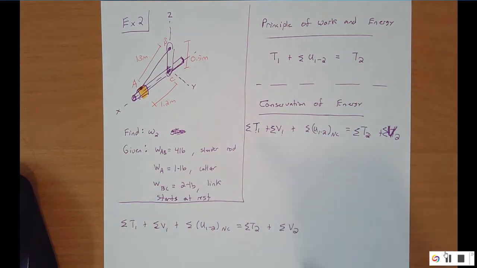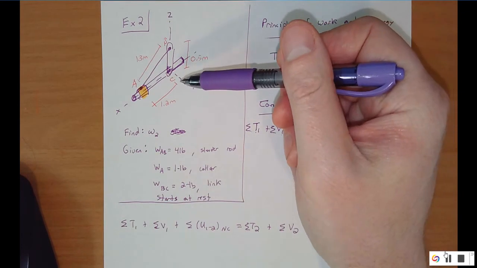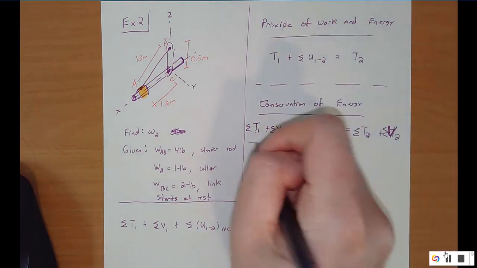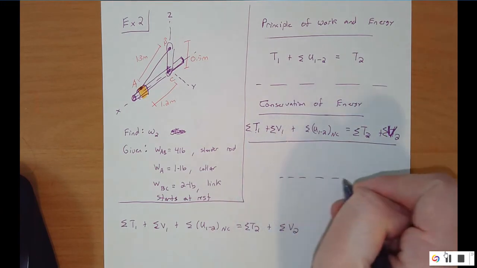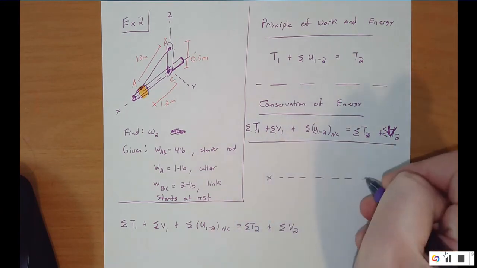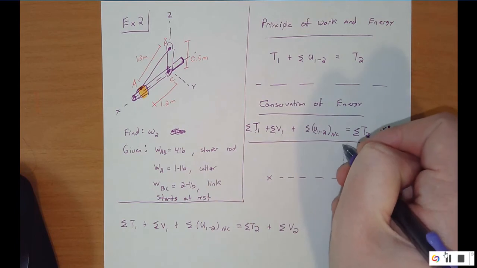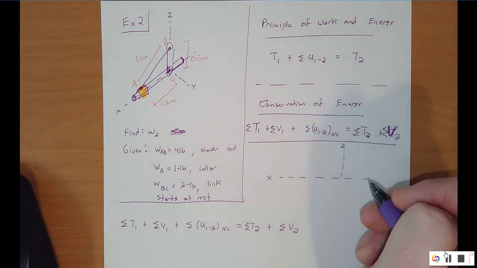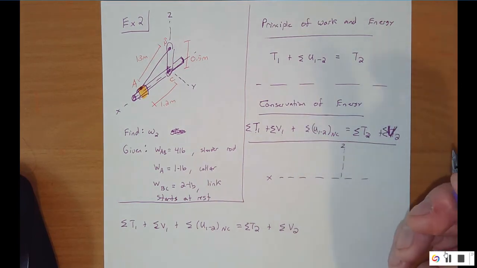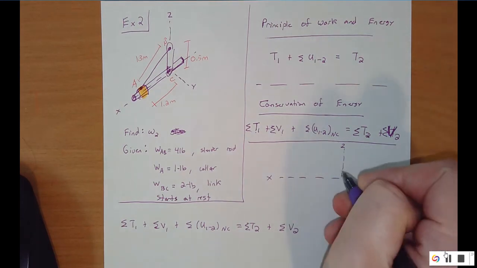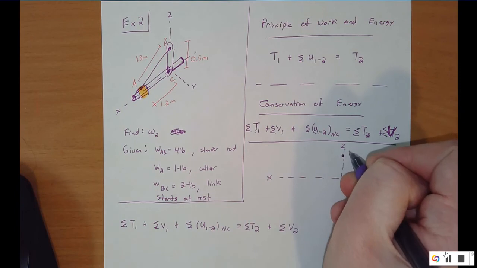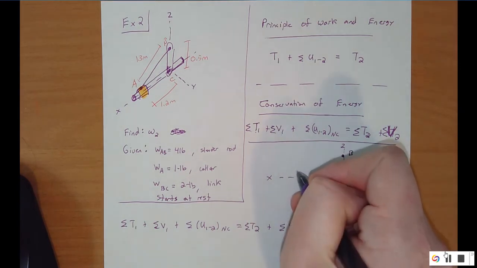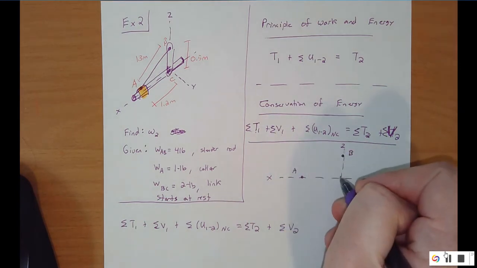All right, so in this problem we have no springs, but we do have a mass. I can redraw this from a side profile. So we'll have our x-axis, our z-axis, and our y-axis pointing out of the page. I have point B up here, point A over here, point C down here.